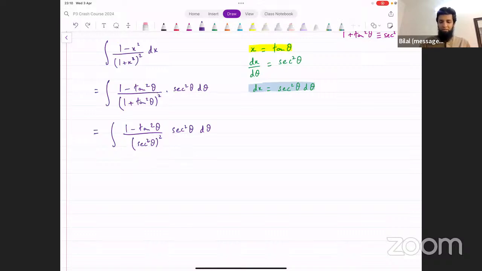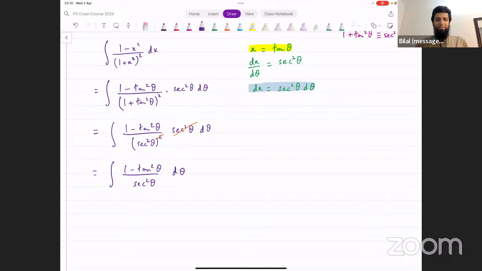They kind of get cancelled, and you have only secant square theta left. We end up with 1 minus tan square theta divided by secant square theta, d theta, right?